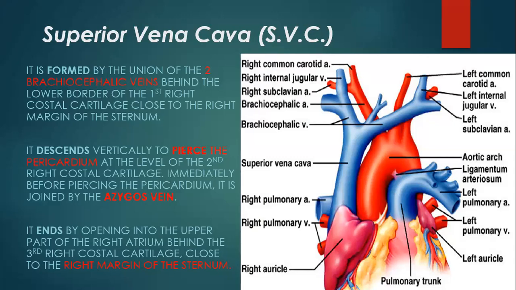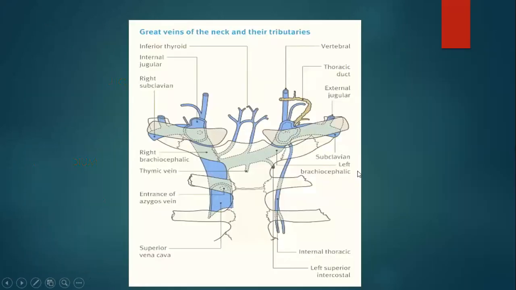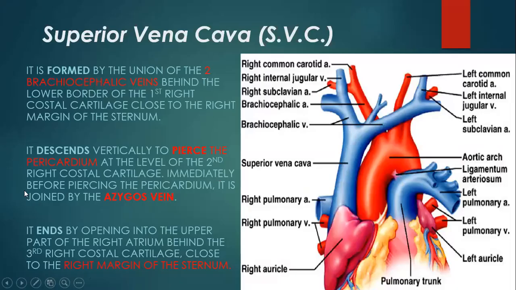The azygos vein will be draining the right side of the chest wall, and before the superior vena cava pierces the pericardium, this azygos vein will open into it. So immediately before piercing the pericardium, it is joined by the azygos vein.